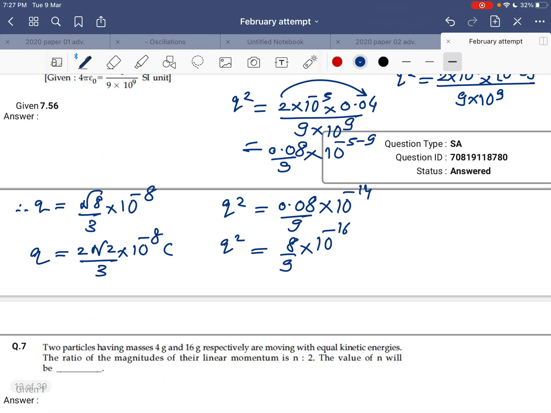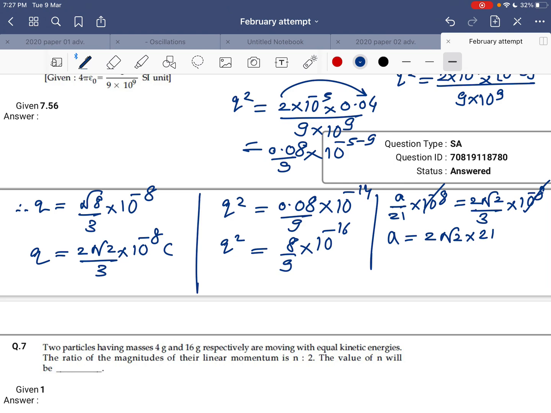From the question it is given that the charge is A upon 21 into 10 raised to minus 8, while the calculated value of charge is 2 root 2 upon 3 into 10 raised to minus 8. So 10 raised to minus 8 can cancel. A would be equal to 2 root 2 into 21 upon 3, 3 7s are 21, so 2 into root 2 is 1.414 into 7, 2 7s is 14 into 1.414.